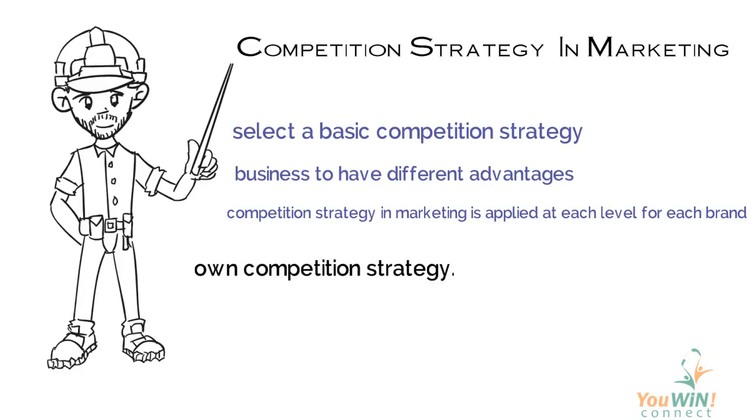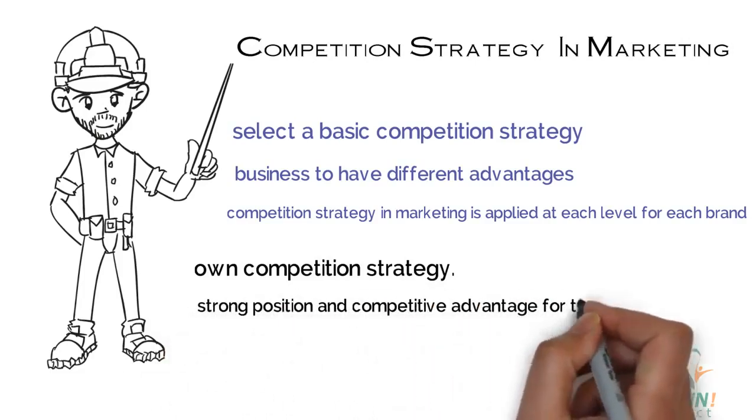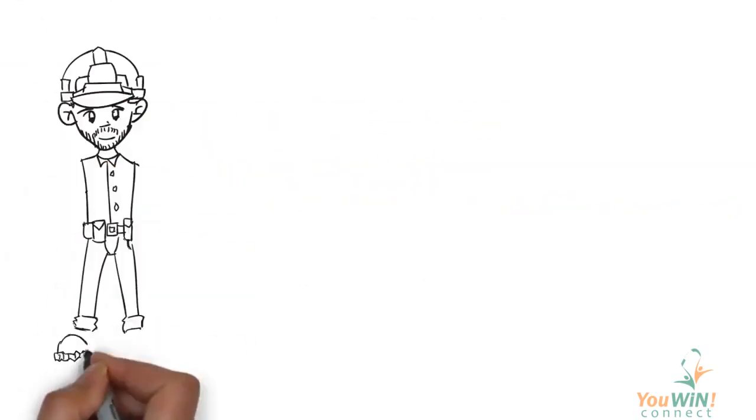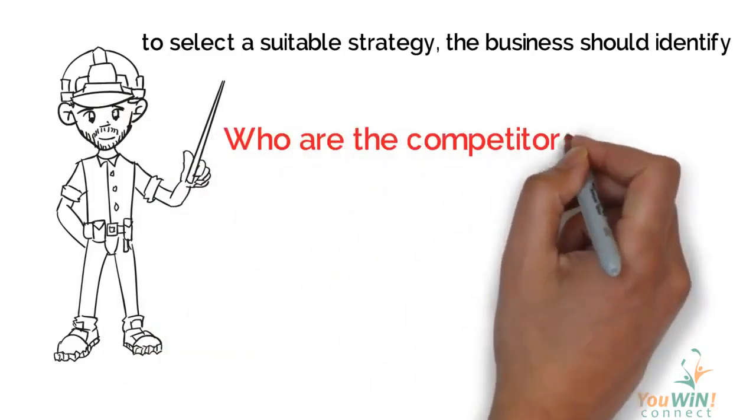Selecting a suitable competition strategy will create a strong position and competitive advantage for a business in competing with its competitors. However, to select a suitable strategy, the business should identify the following. One, who are the competitors?